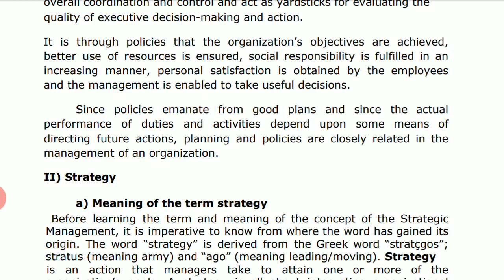I repeat that we have started with the introduction of the policy here, and we are going to go with the strategy, and then at the end we'll be taking up the next portion, that is strategic management, as the third part of the unit, right? So when we meet next in the next lecture, we'll be taking up the strategy.